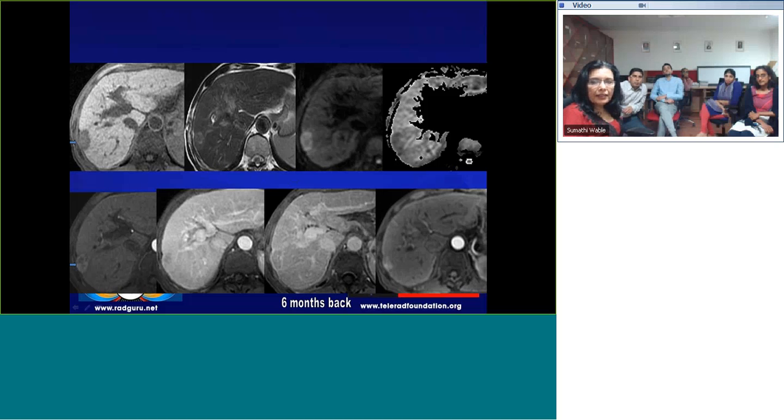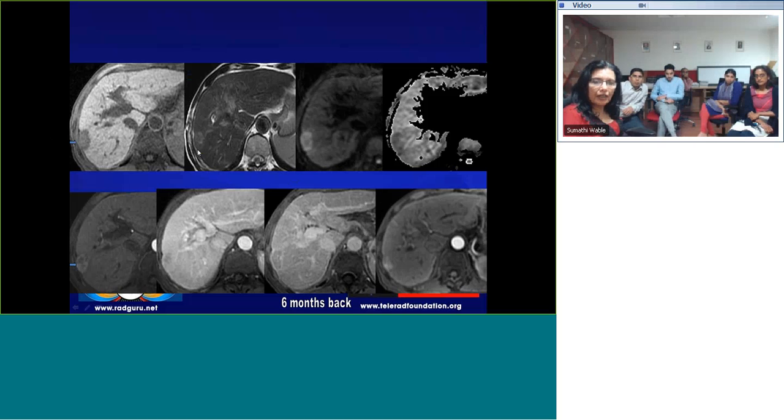And now let's start looking at some of these so-called lesions. This is, as you can see, a nodular cirrhotic liver. T1 weighted image, pre-contrast, hypointense on T1, hyperintense on T2.